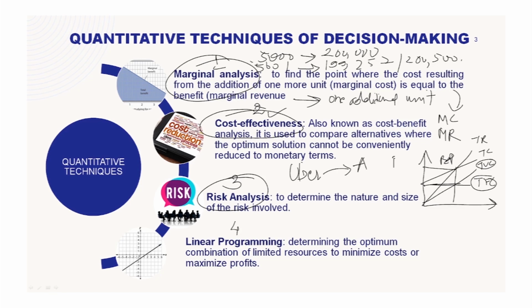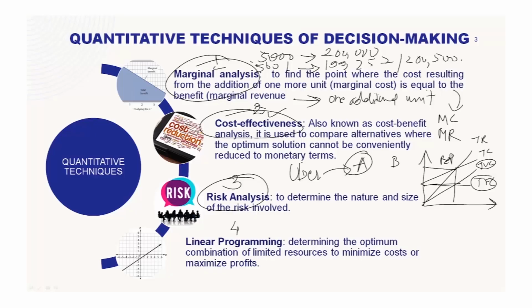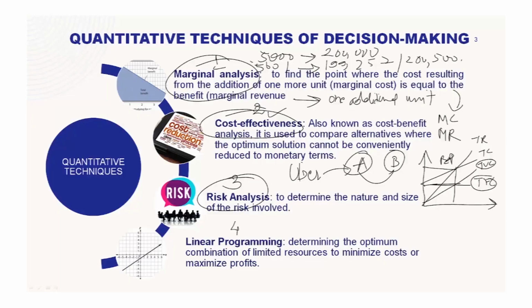One is A and one is B. Since the company cannot go for both the routes or both the markets, the company will be deciding which market is better. So the company can use the risk analysis, and based on it, they can get the percentage of the return.